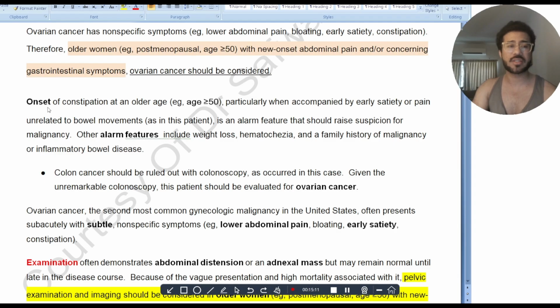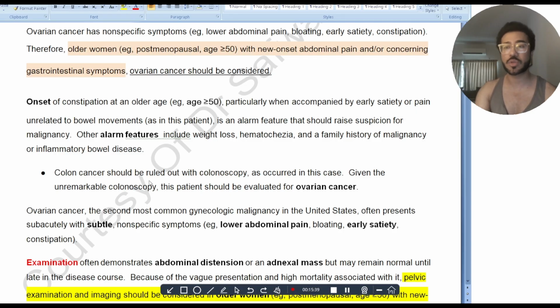So let's just give it a read as well. Onset of constipation, particularly when accompanied by early satiety or pain unrelated to bowel movements, alarm features such as weight loss, hematochezia, and a family history of malignancy or IBD. Colon cancer should be ruled out. As I told you guys, hematochezia prompts us to rule out colon cancer or any other reasons such as hemorrhoids or fissures.